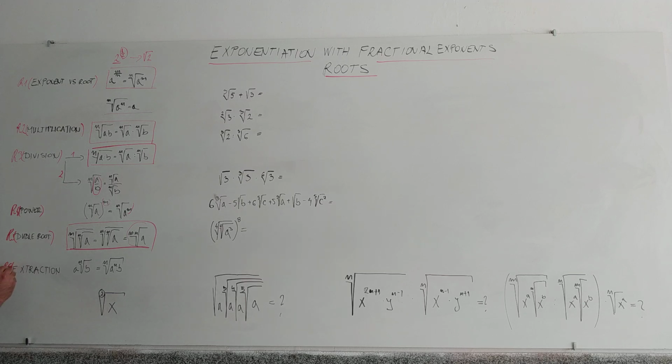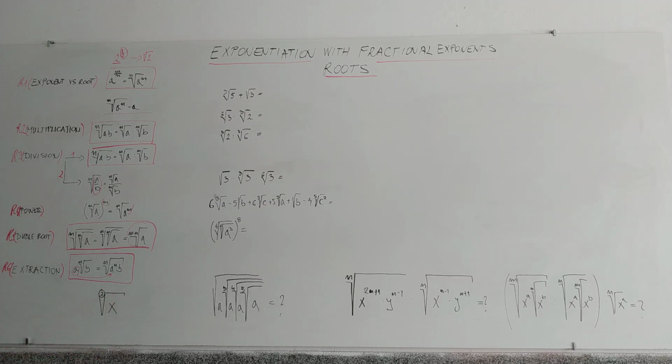Rule number 6, extraction. If we have a number or variable in front of the root, it goes below the root on power of n, the power of the number of the root.